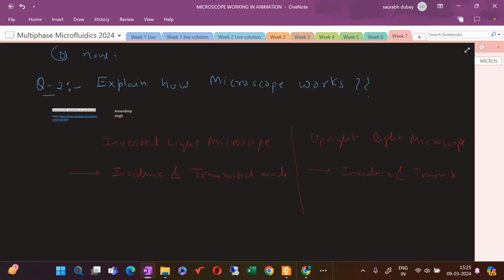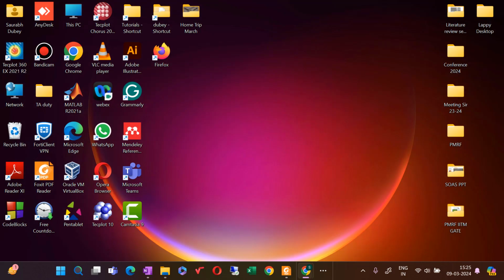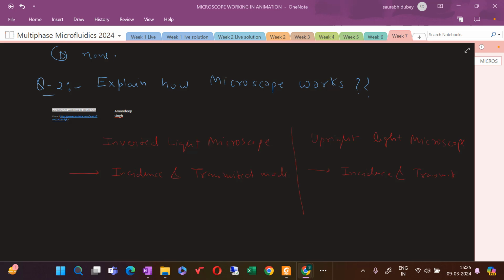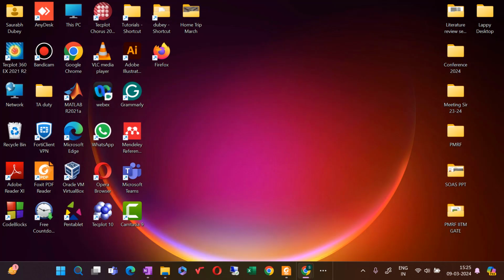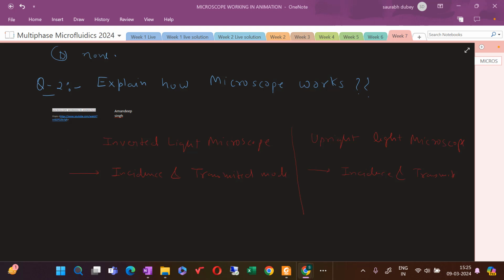So there are bars that have to be maintained, like exposure, and then there is gain and gamma. These three factors need to be looked at carefully in order to actually understand the working in the real sense.